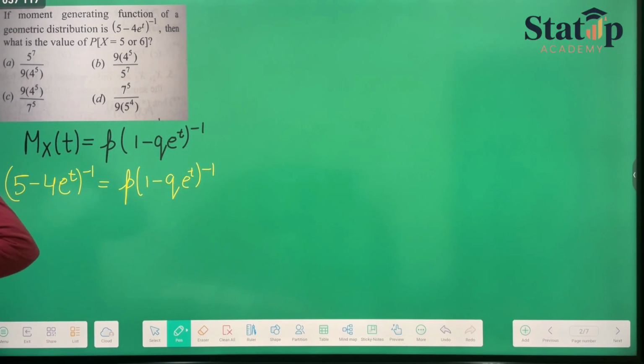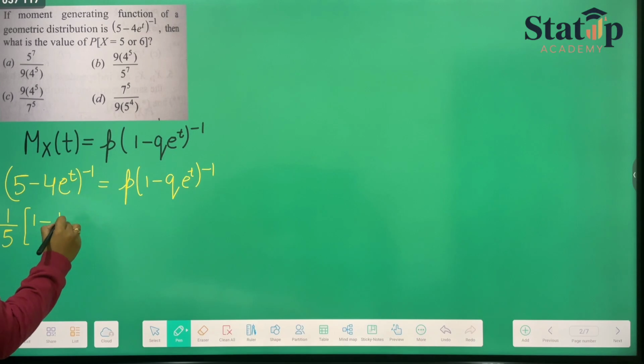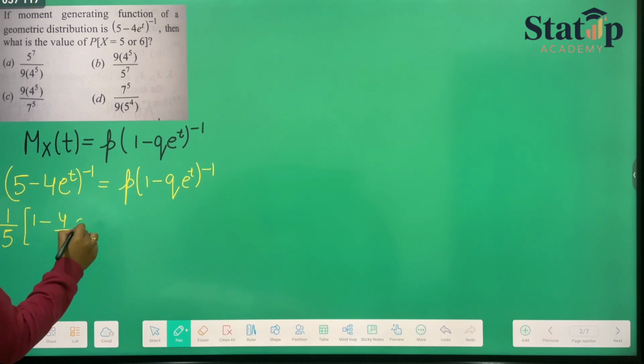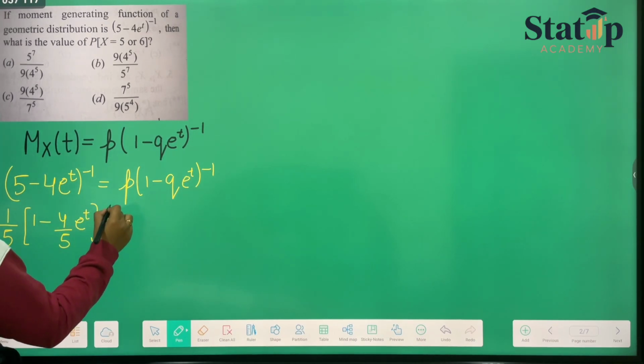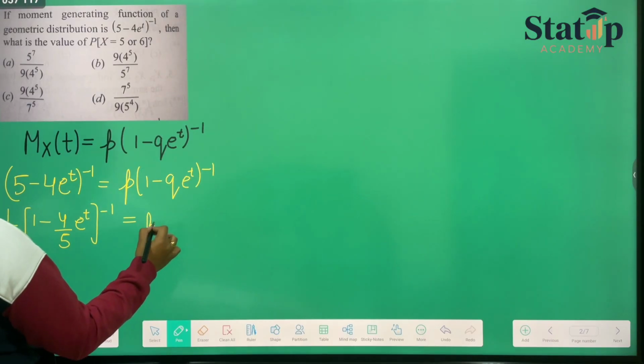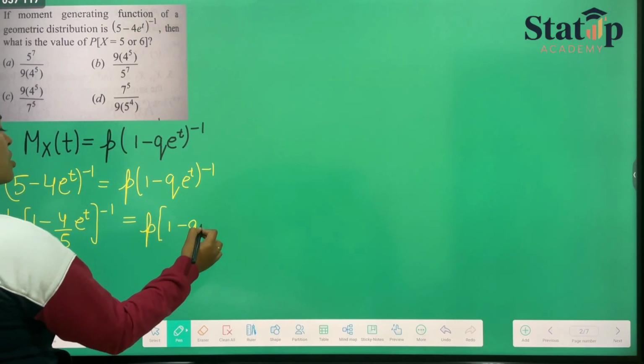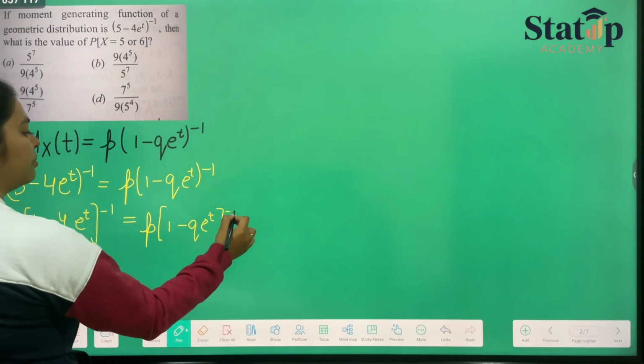Now we can divide this whole equation by 5, so we will be getting 1 by 5 into (1 minus 4 by 5 e^t) raised to the power minus 1, which equals p (1 minus qe^t) raised to the power minus 1.